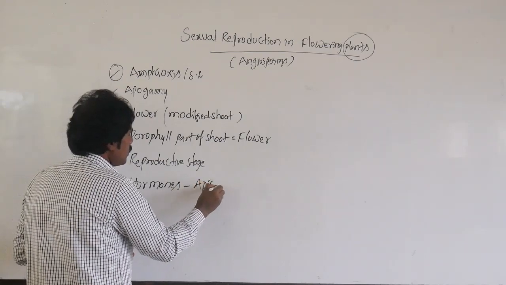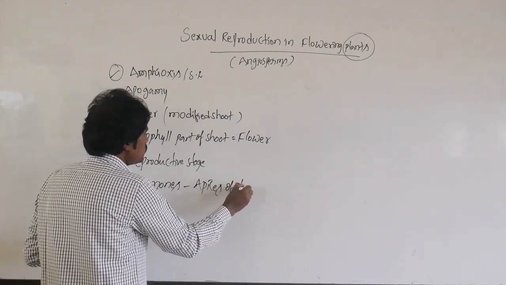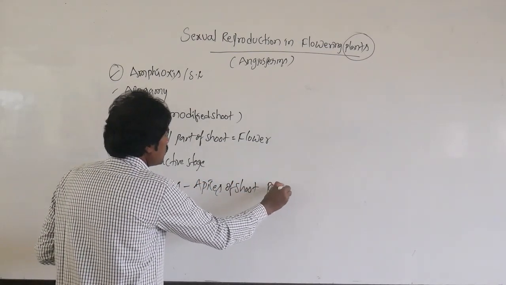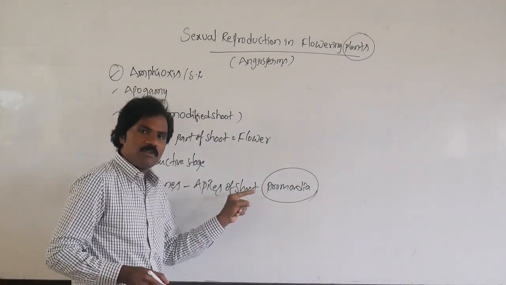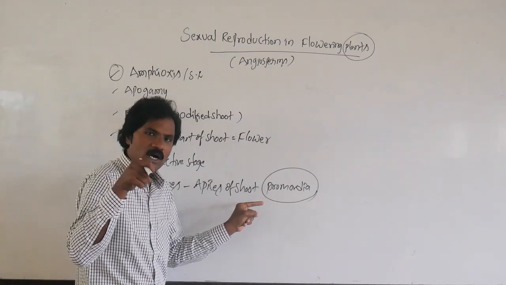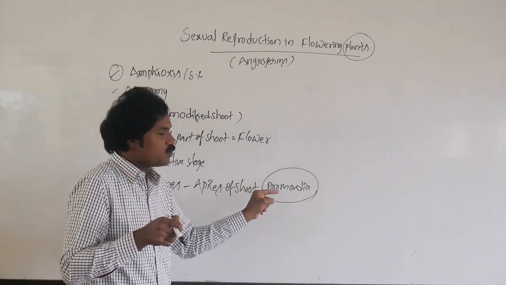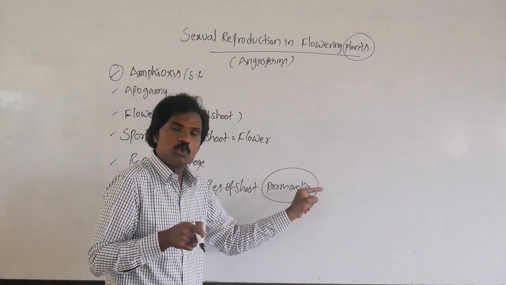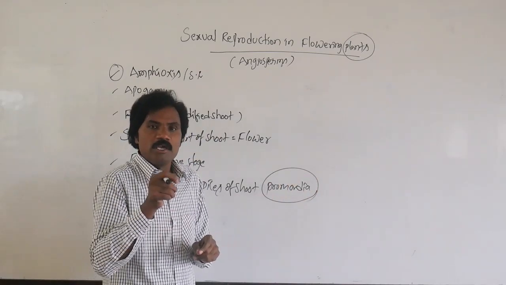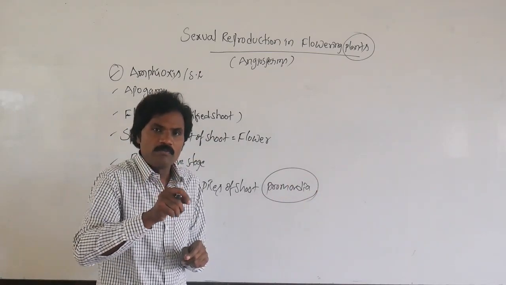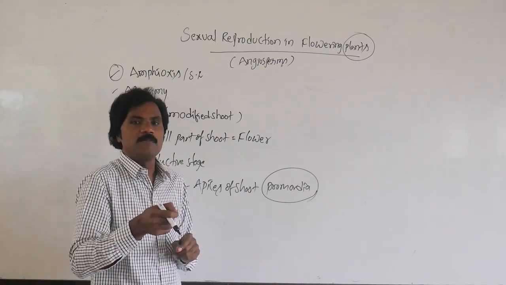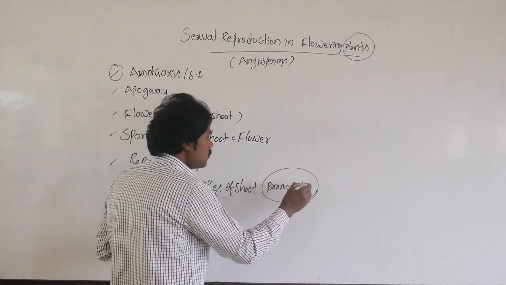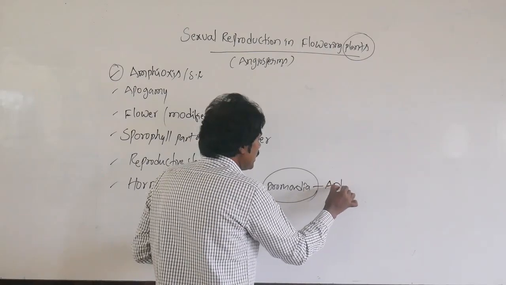The shoot apex, with the help of hormonal changes, forms into primordia, the shoot primordia. From these primordia, the specific parts of the flower get ready to form. That we call anthesis.